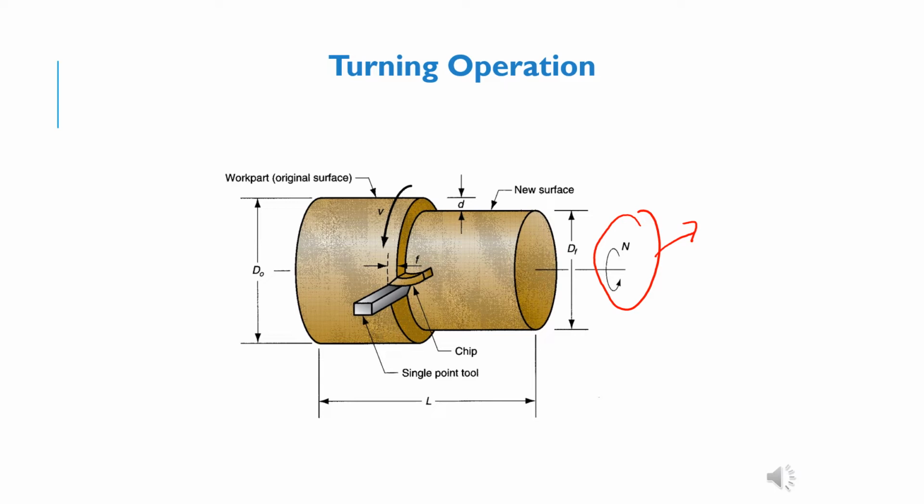And then we have the feed rate, the movement of the tool, how fast the tool moves. And then this is the cutting speed, how fast the workpiece is rotating. Okay, and then this is D, which is the depth of cut, how much the tool goes inside and cuts the depth of the workpiece.